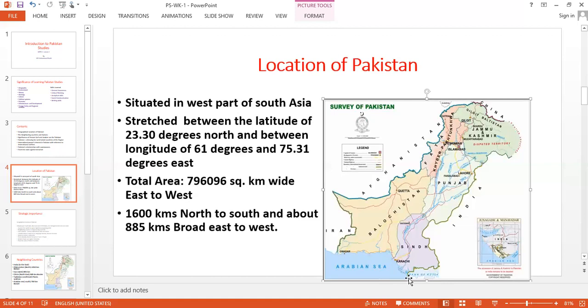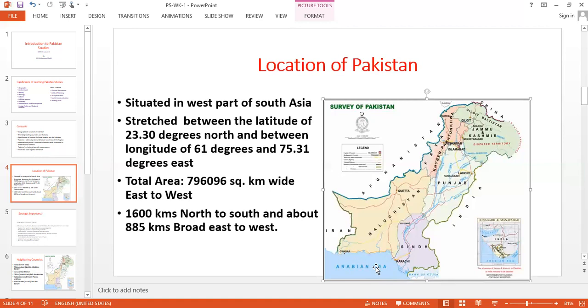The Arabian Sea is situated where the big sea opens, like the Indian Ocean starts, clear, and Pakistan is situated at the start of that position. And Pakistan covers a huge area to the Gulf.